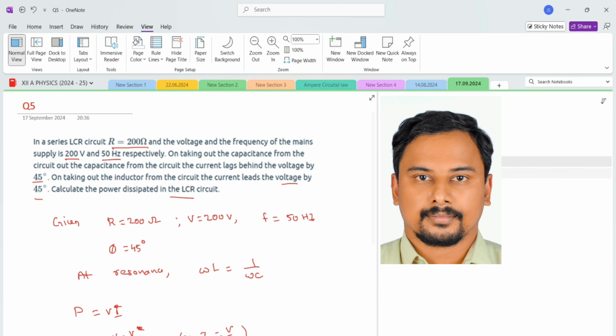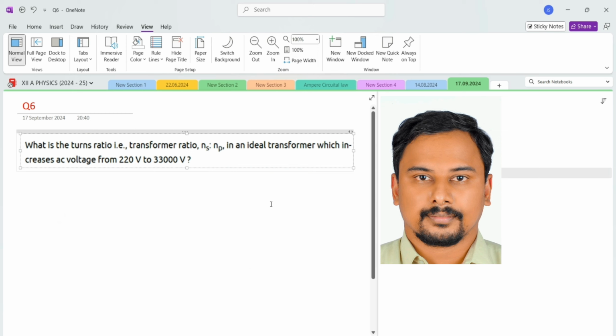Next, question number 6. What is the turns ratio Ns by Np in an ideal transformer which increases AC voltage from 220 volts to 3300 volts? What is the formula for turns ratio? The number of turns in the secondary coil by the number of turns in the primary coil is equal to the EMF in the secondary coil by the EMF in the primary coil.